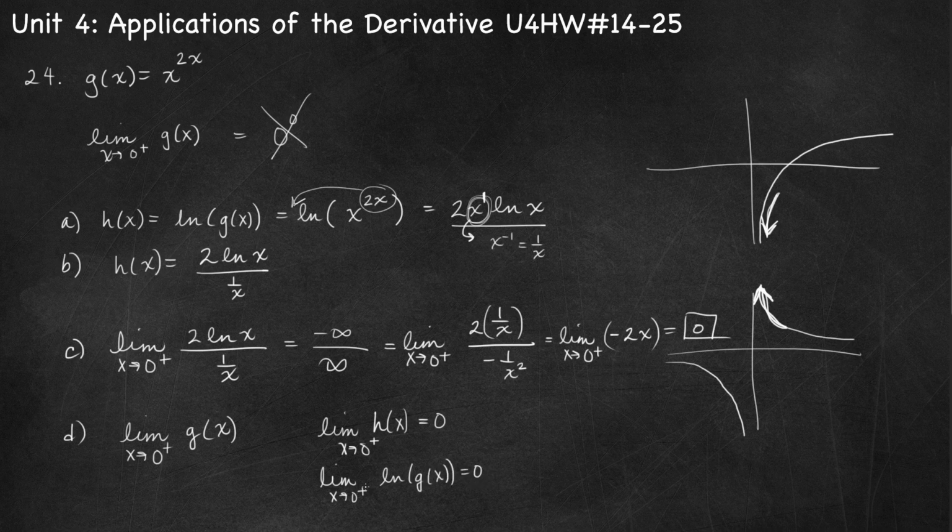And then we have our limit property that allows us to interchange the limit and the function. So the limit of the log is equal to the log of the limit. So I can write the natural log of the limit as x approaches 0 from the right of g of x equals 0.